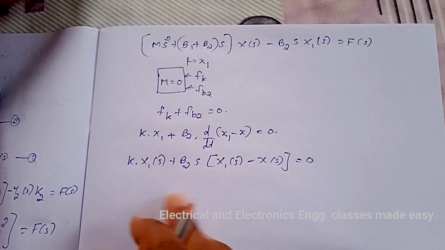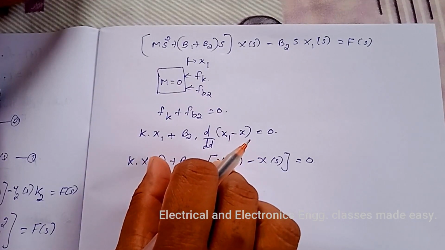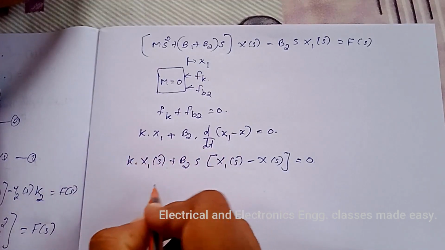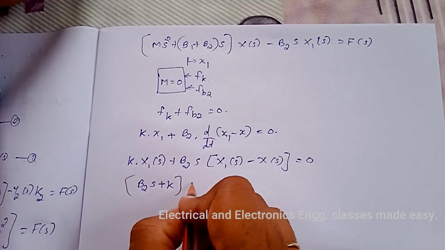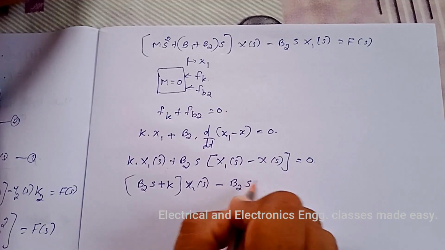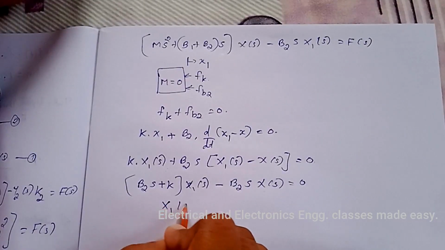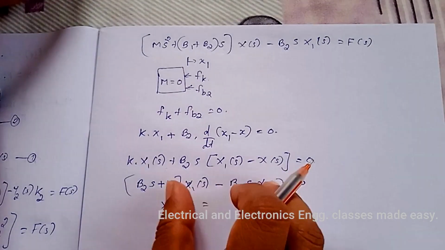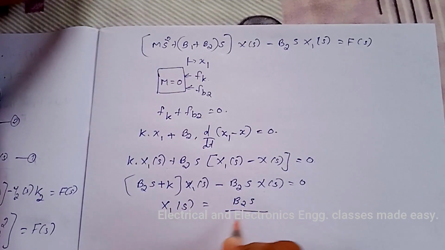Now rearranging, that is x1 of s we can take outside, that is b2s plus k into x1 of s minus b2s into x of s equal to 0. That is x1 of s equal to, we can write b2s divided by b2s plus k into x of s.